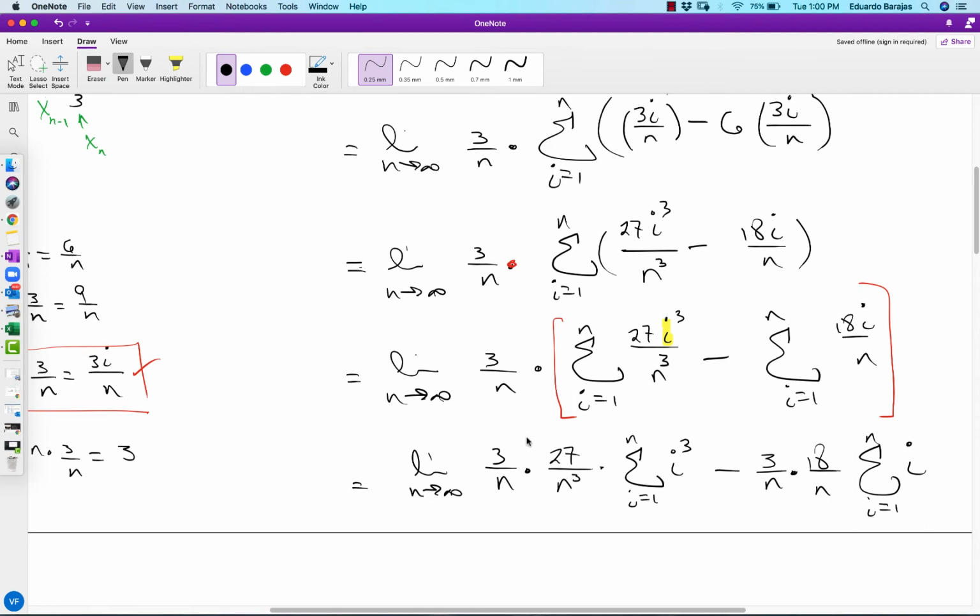Okay, all right, so these simplify easily.